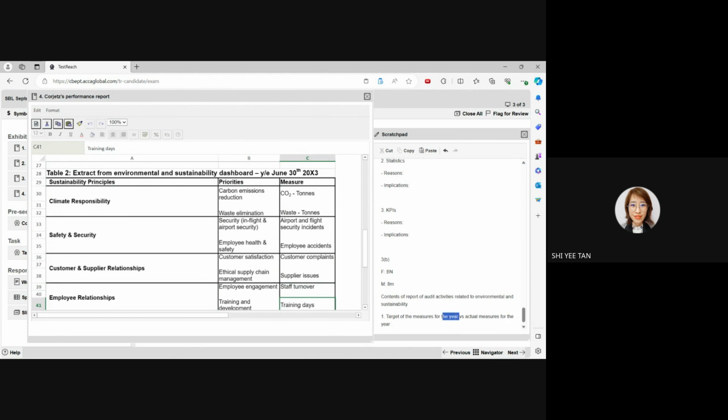And then I can also report good things and bad things. It means strengths, the areas that the company has done well, and areas to be improved.